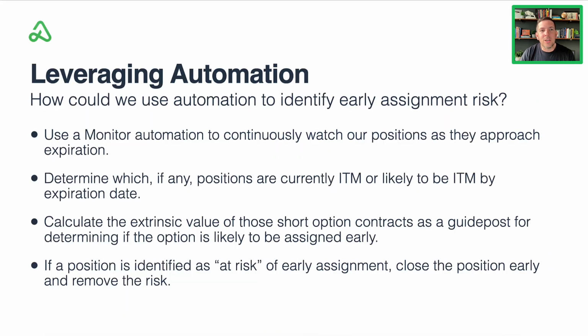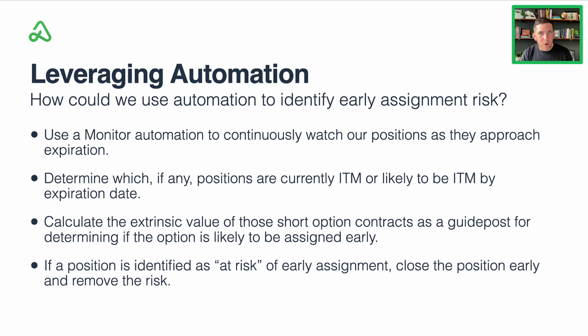So the next thing we need to do, and I hope walking through the process of what it is and how it works, and how you can piece and divide these things up, helped, because it really does help for the next step: how can we use automation to identify early assignment risk?